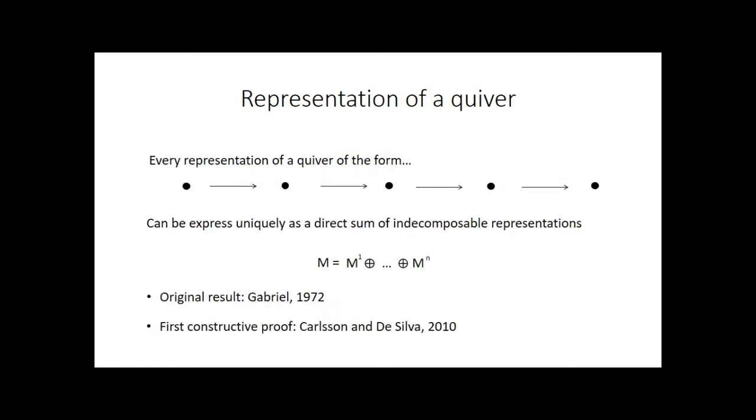It has been studied since a long time ago, and basically a nice result you can see is that for the representation of this type of quiver we saw before, there is a nice decomposition theorem, which tells you that this algebraic M I told you before can be expressed uniquely as the sum of these M's. Okay, so you have a decomposition.